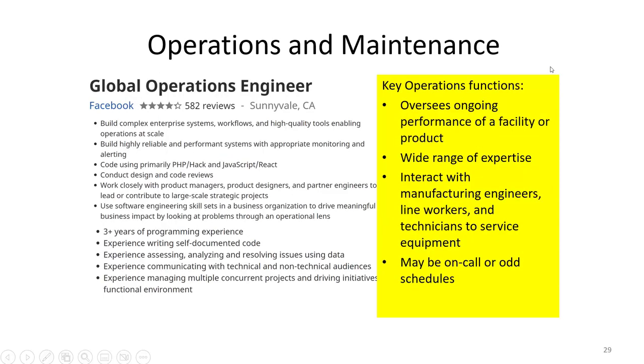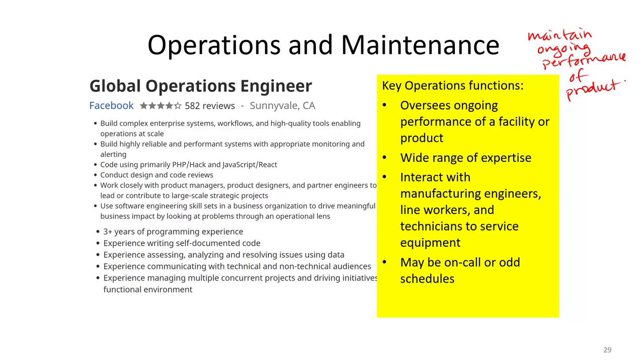Next function, operations and maintenance. So once all the design is finished and everything is kind of deployed to the customer, that's when operations and maintenance comes in. They maintain the ongoing performance of a given product.